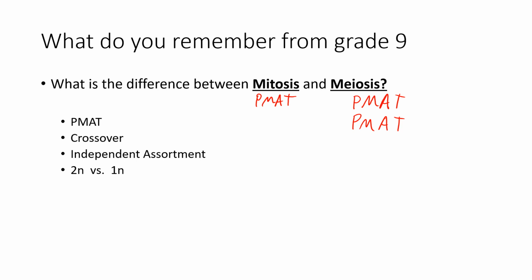If we remember what crossover is, when you have one gene that you have from your mom, one gene that you have from your dad, they line up during meiosis, and then they switch some genetic information like this.